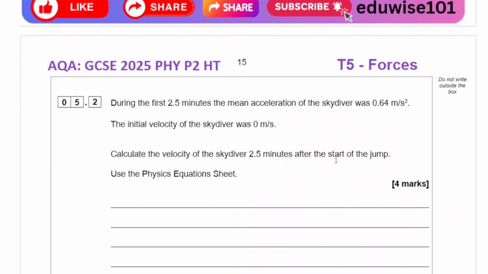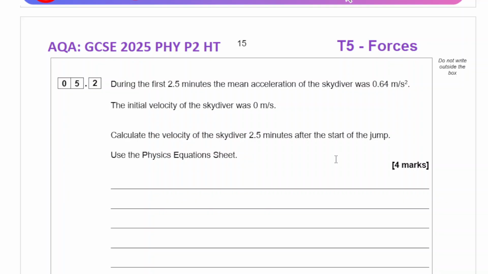During the first 2.5 minutes, the mean acceleration of the skydiver was 0.64 meters per second squared. The initial velocity of the skydiver was 0. Calculate the velocity of the skydiver 2.5 minutes after the start of the jump. So they want the final velocity v.